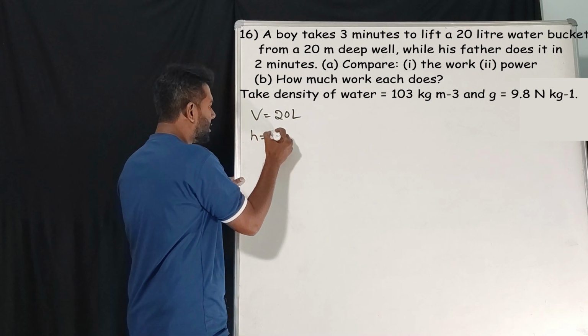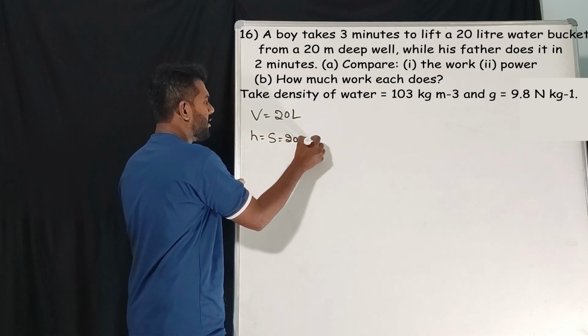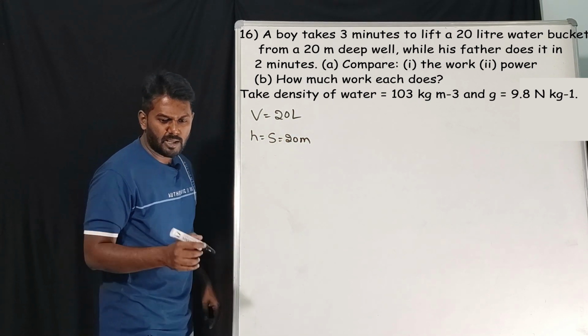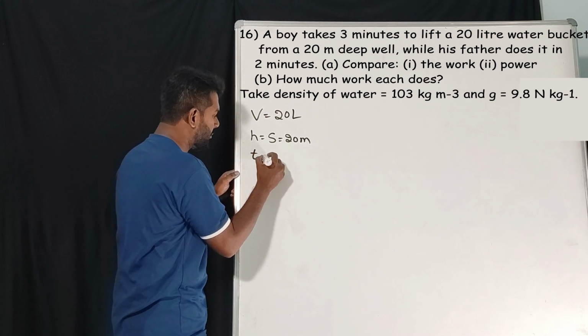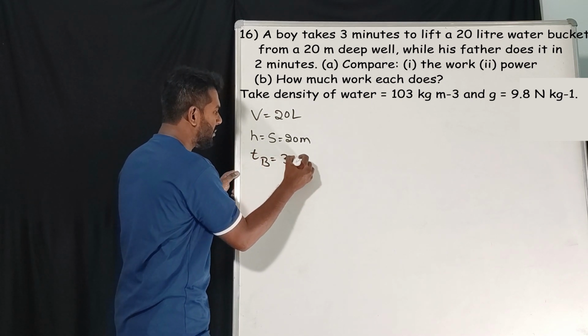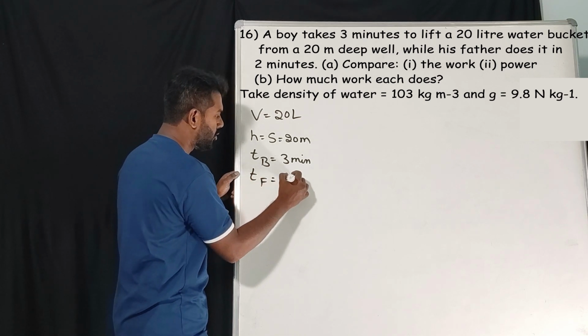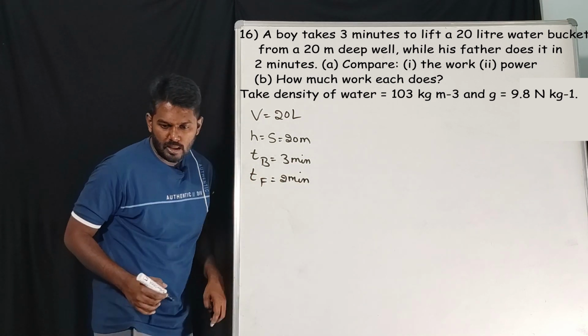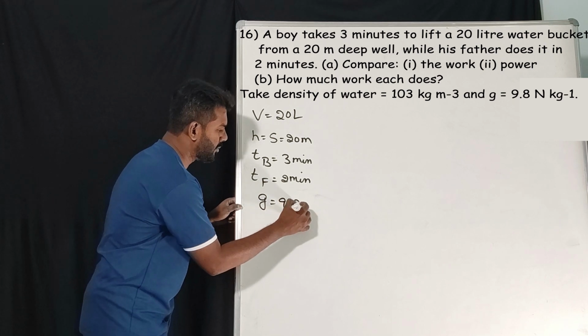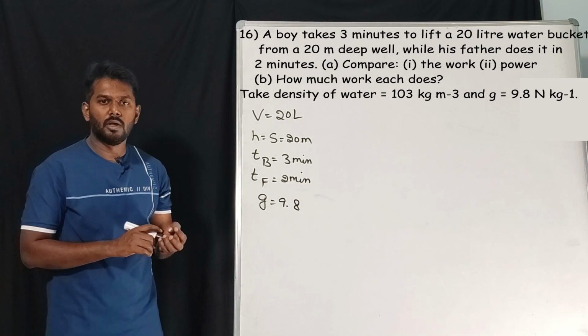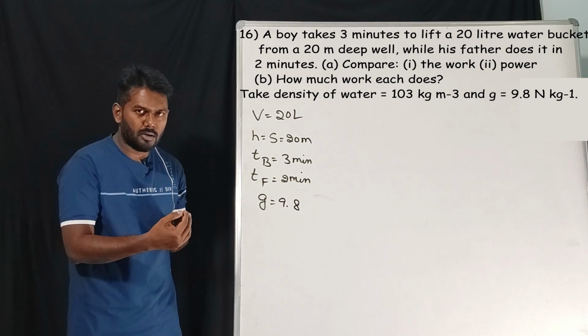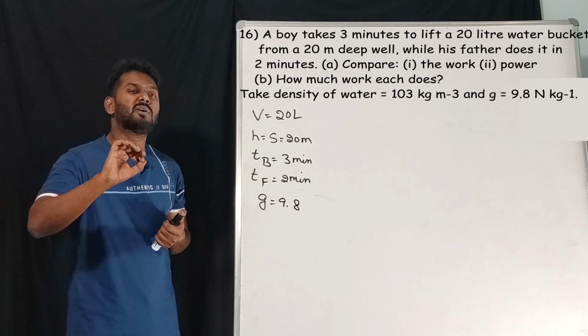Then time taken by the boy is 3 minutes. Time taken by the father is 2 minutes. G is equal to 9.8. Don't worry about the unit. So we have to compare work and powers, and we have to find how much work is done.